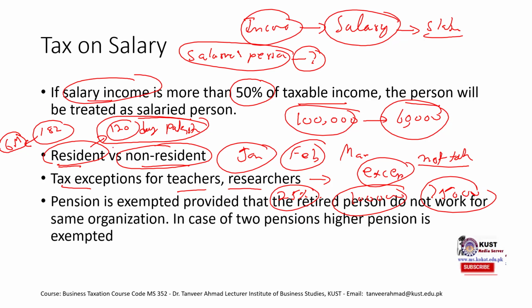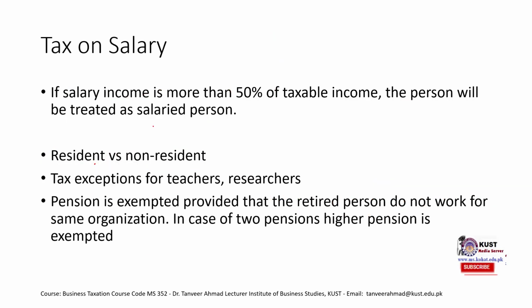Pension is also exempted, provided that the retired person does not work for the same organization. For example, someone retired from the army and now he is on pension from the armed forces. So this pension would be exempted from taxes.